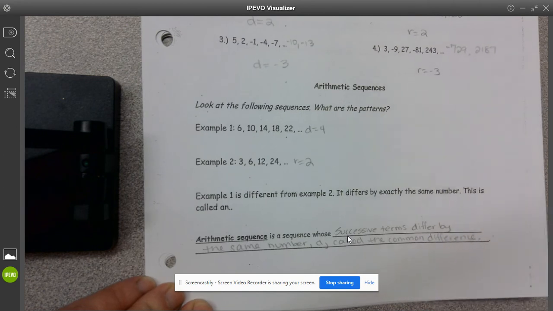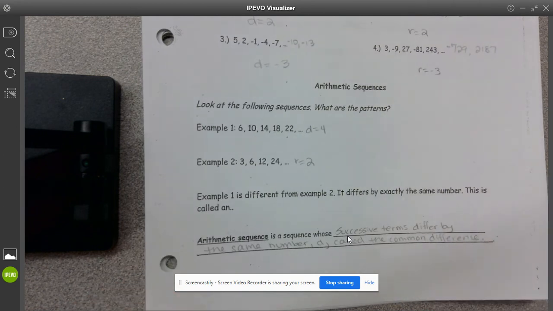You can pause to copy. So an arithmetic sequence is a sequence whose successive terms differ by the same number D, called the common difference. So we'd say here we have a common difference of 4.